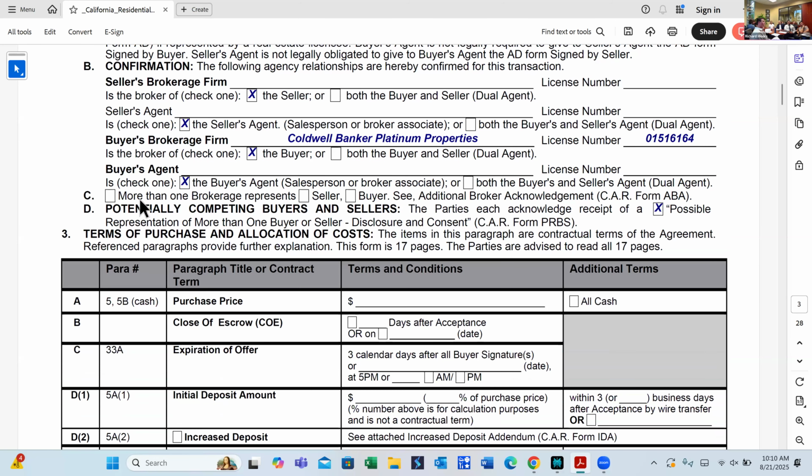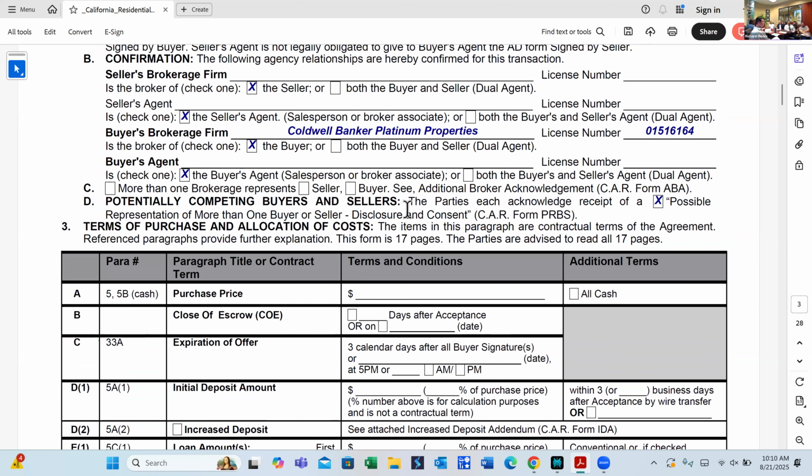And then section D, potentially competing buyers and sellers. What is going to be attached to the RPA packet is a PRBS, possible representation of more than one buyer seller. And that form is going to notify buyers and or sellers that, for example, if you have the listing, I may have another property listed that exactly matches yours, and I'm notifying you of that information.